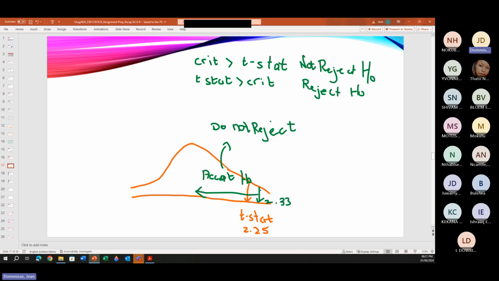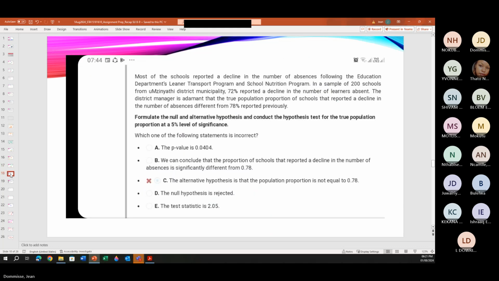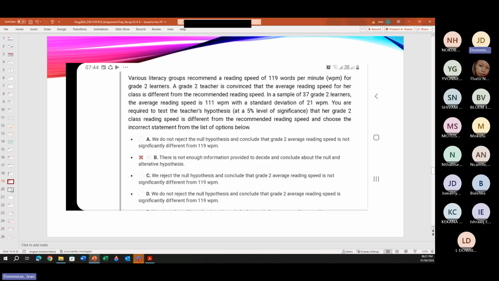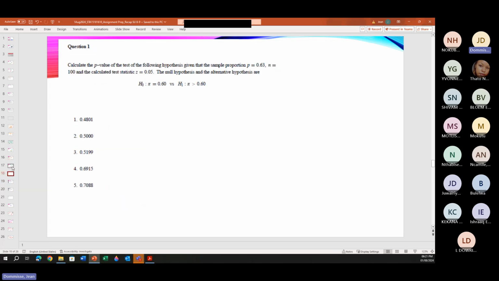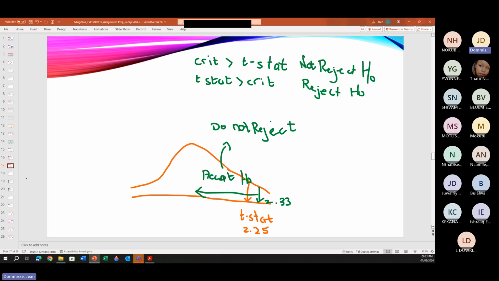So if critical is bigger than T-stat, you do not reject. If your T-stat is bigger than your critical, you will reject the null hypothesis. Okay, so let me quickly, I want to bring that actually in now.